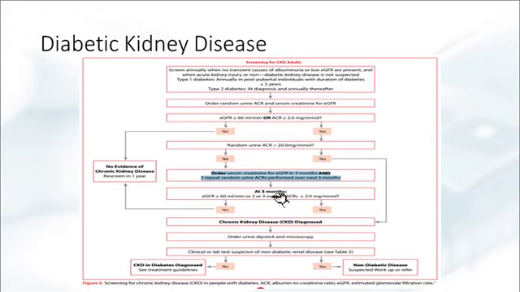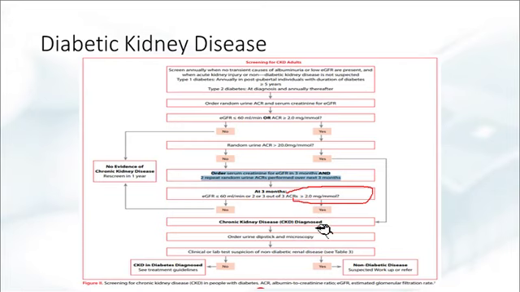At 3 months, if the eGFR is still less than 60 and 2 of the 3 ACRs are greater than 2 milligrams per millimole, then the person most definitely has DKD and CKD.